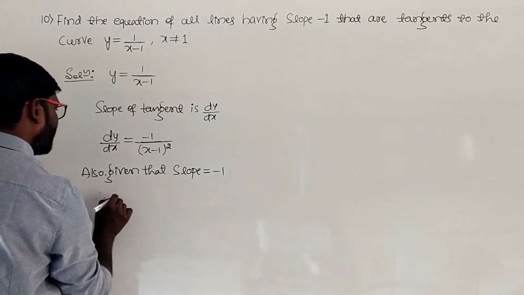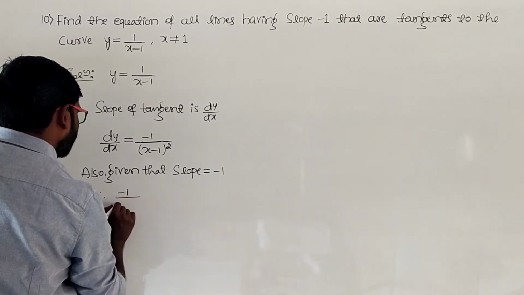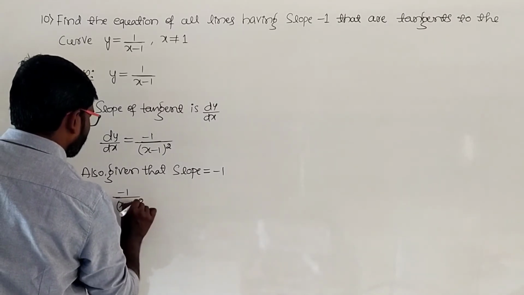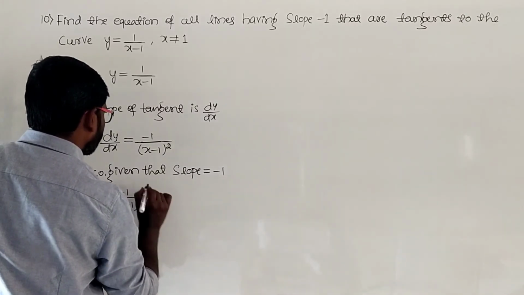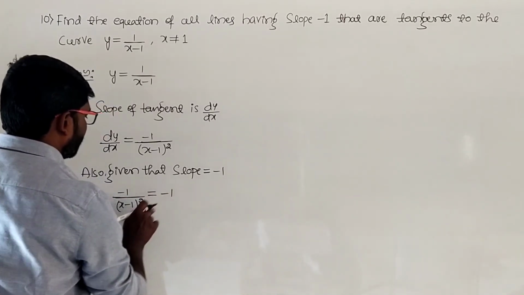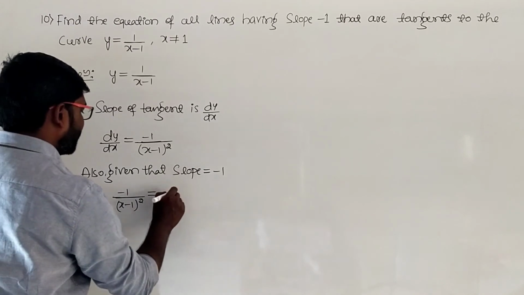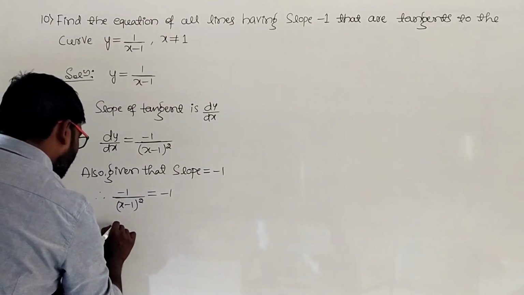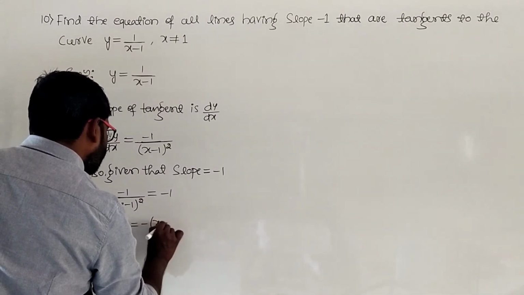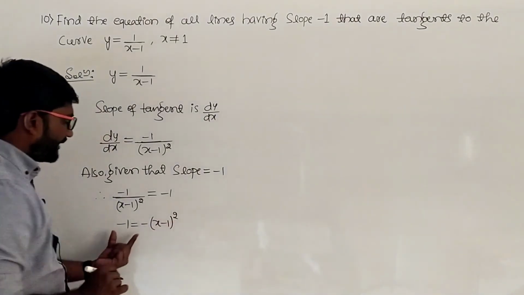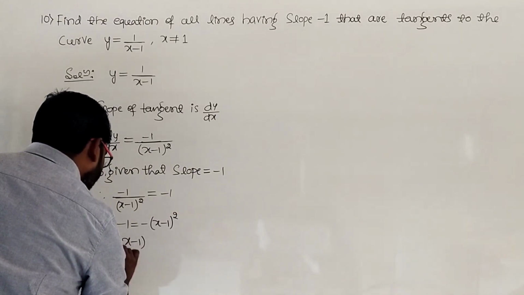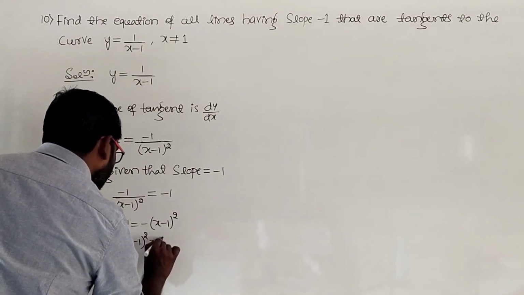Therefore minus 1 divided by x minus 1 the whole square, which is equals to minus 1. So now I take this to the right hand side, it will be multiplied with minus 1. So minus 1, which is equals to minus into x minus 1 the whole square. So now minus and minus get cancels. We get x minus 1 the whole square, which is equals to 1.